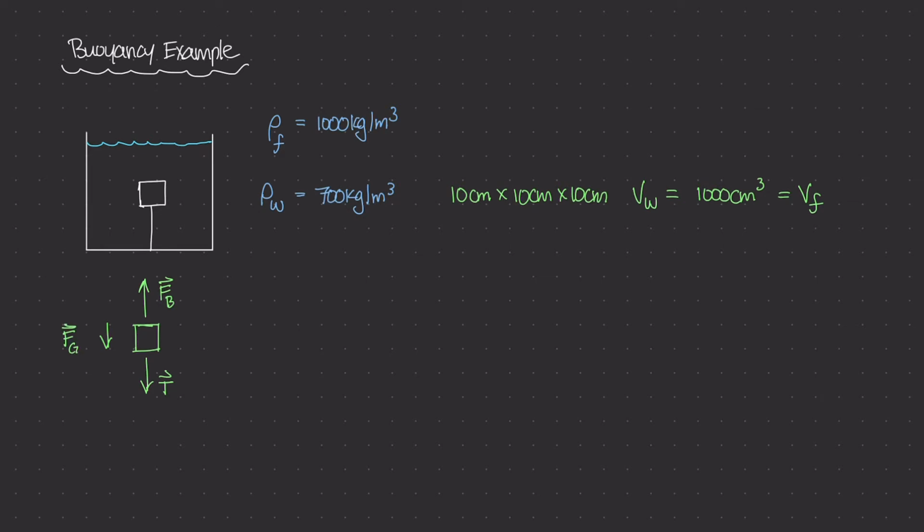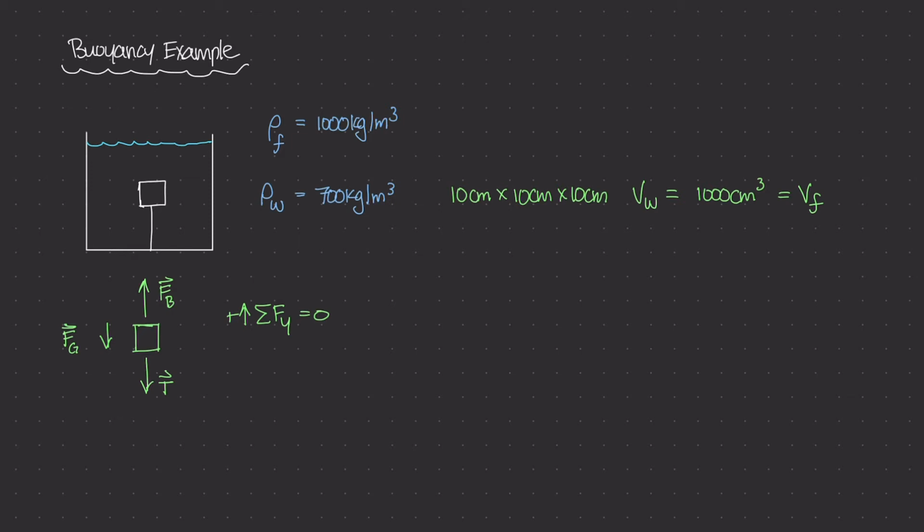The reason I'm going to call it G is because I really just didn't have another character to use because B is being used for buoyancy. So we'll just call this one F sub G. And this is the force of the block itself, so the weight of the block. Now, if we sum all the forces in the vertical direction to equal 0, and I'm going to say up is positive, then we get this equation.